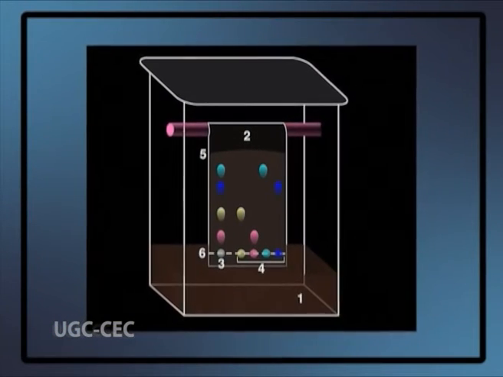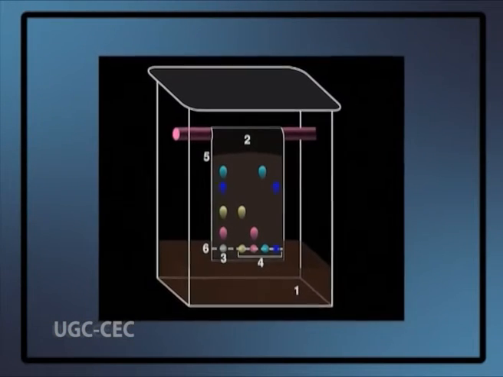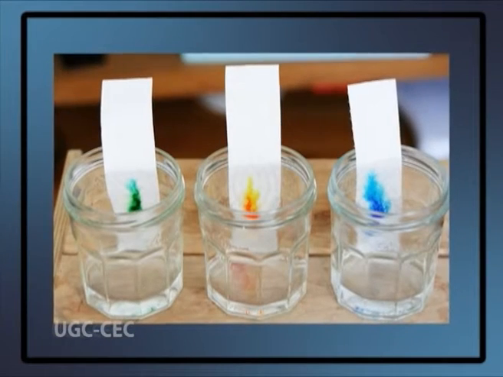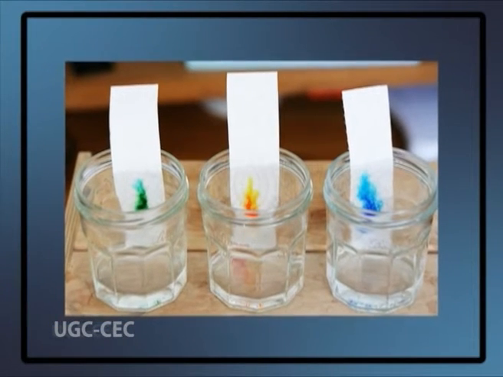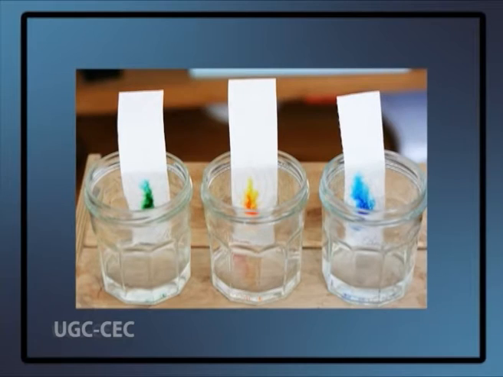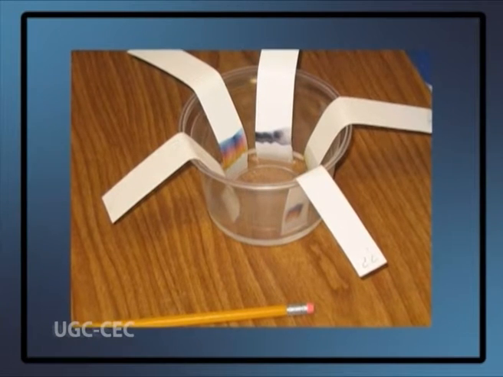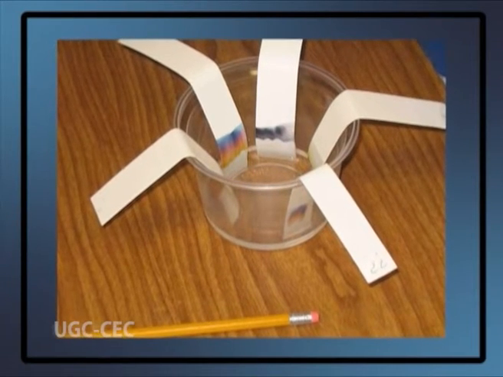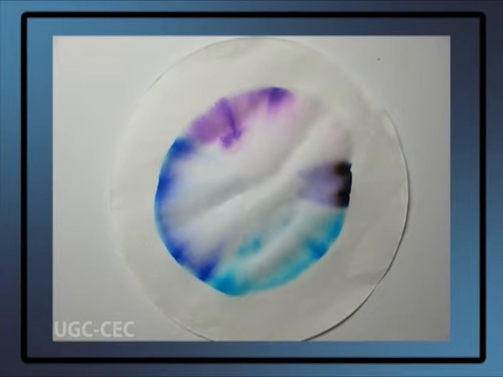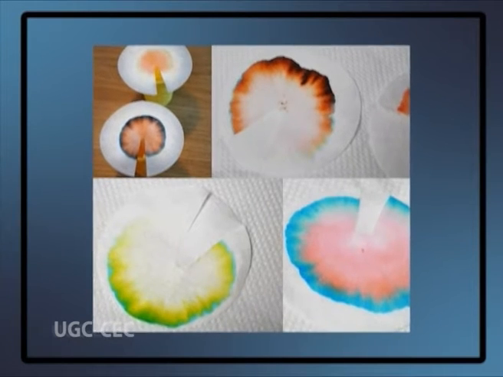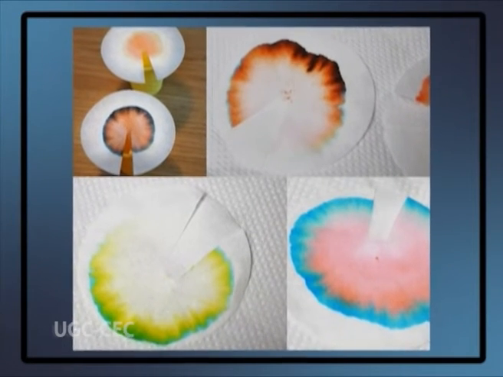With capillary action, the solvent will move up the filter paper. Movement of the solvent will bring together components that are separated from the mixture. Every component that is separated will move at a different velocity. At the end of the process, components that are separated will emerge at different distances on the filter paper.